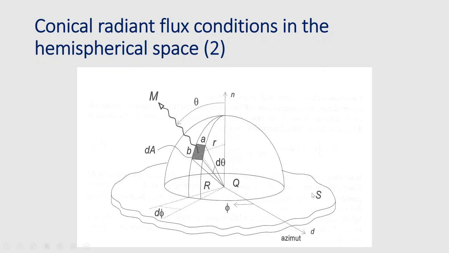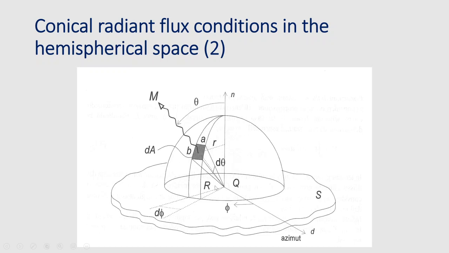Because again, this surface S is an opaque surface, so it's not transmitting any energy. So if the surface S is represented by a rho coefficient, a reflectance coefficient that is more than 0, that means it will reflect energy, and it will reflect energy only in the upper hemisphere.